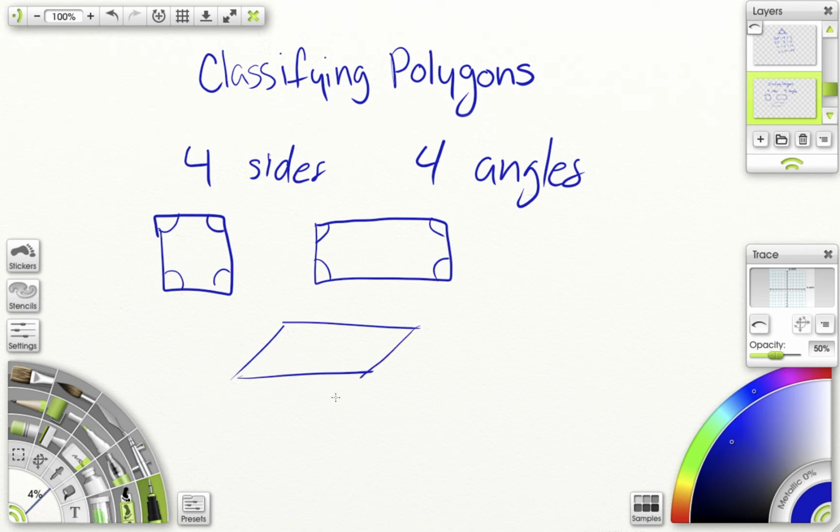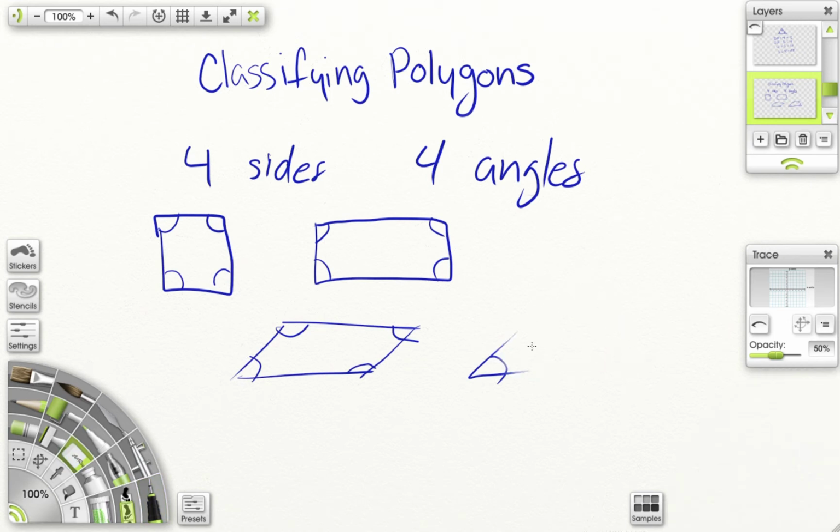That has 4 sides, and it has 1, 2, 3, 4 angles. There is a trapezoid, which has 1, 2, 3, 4 angles. So in terms of 4-sided shapes with 4 angles, there's a ton of shapes out there that we can think of. How about shapes that have way more sides?